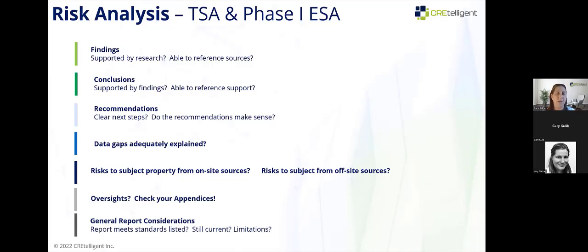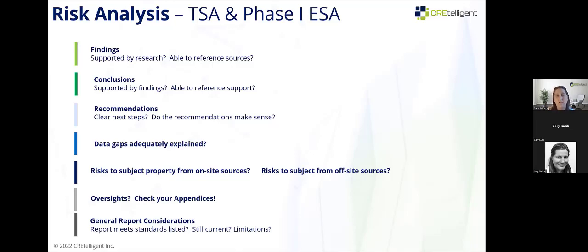So for a phase 1 ESA, the report is actually considered current only within 180 days of the site visit, not the date on the cover of the report. So the date on the cover of the report is really merely just a reference, but the site visit probably occurred a few days or hopefully, a week or two before that cover date. You want to understand, is your report still valid?